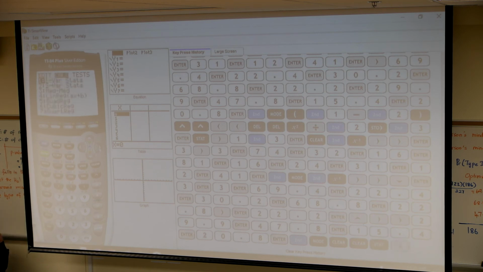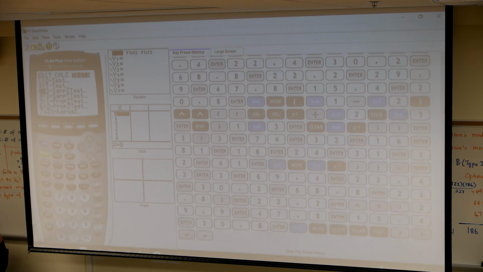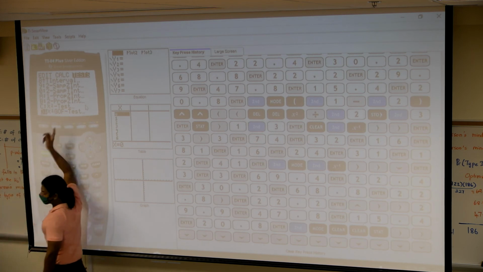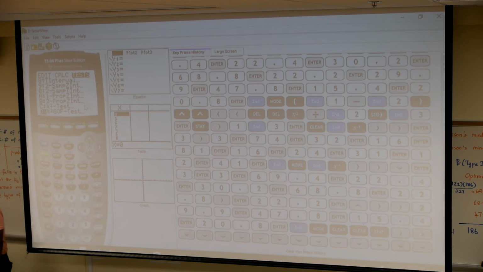Go over to tests. There are 2 options. C is the chi-squared test. D is the chi-squared GOF test. That is what we did last time, the goodness of fit test.